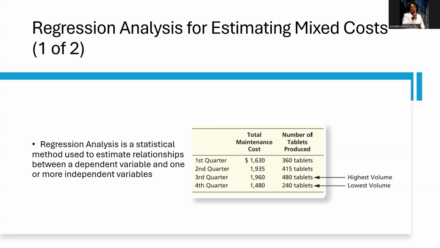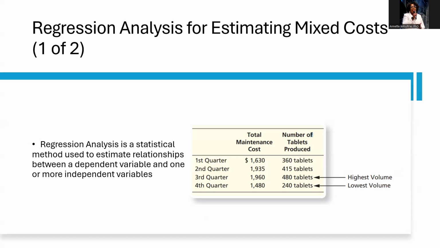So we will again look at the high-low method we used earlier in the chapter for total maintenance costs at Smart Touch Learning. Now, I want you to remember that the total maintenance cost, which is the dependent variable, is dependent on the number of tablets produced, which will be your independent variable. Because we only have one independent variable, this is considered a simple linear regression.